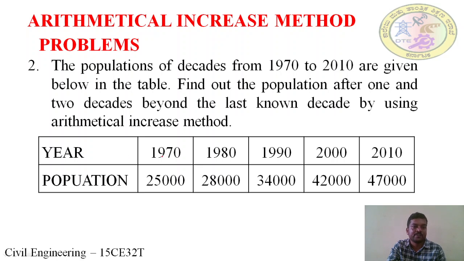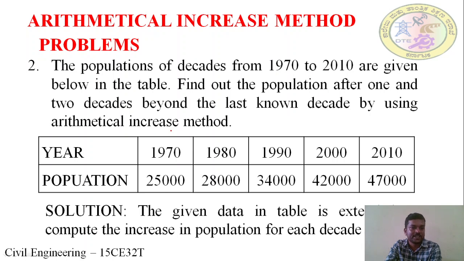So here we need to find the population for the year 2020 and the year 2030 using the arithmetical increase method. So the solution is: the data given in the table is extended to calculate the increase in population for each decade.